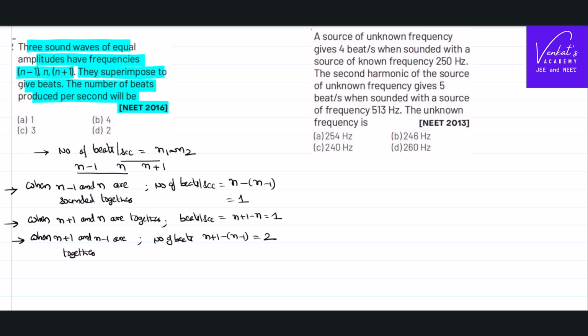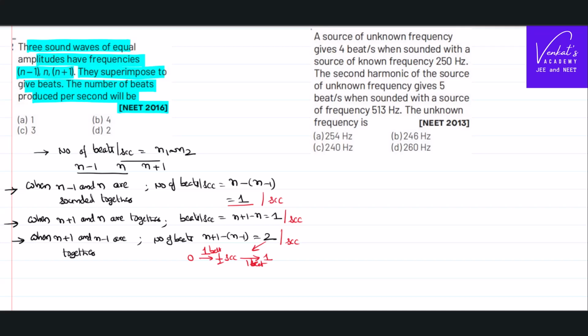So if you look a little carefully, in the first case 1 beat per second, in the second case again 1 beat per second, whereas in the third case 2 beats per second. When it is 2 beats per second, how it happens is, between 0 to half a second I get 1 beat, and half a second to 1 second I get one more beat. Together therefore it becomes 1 plus 1, 2 beats.